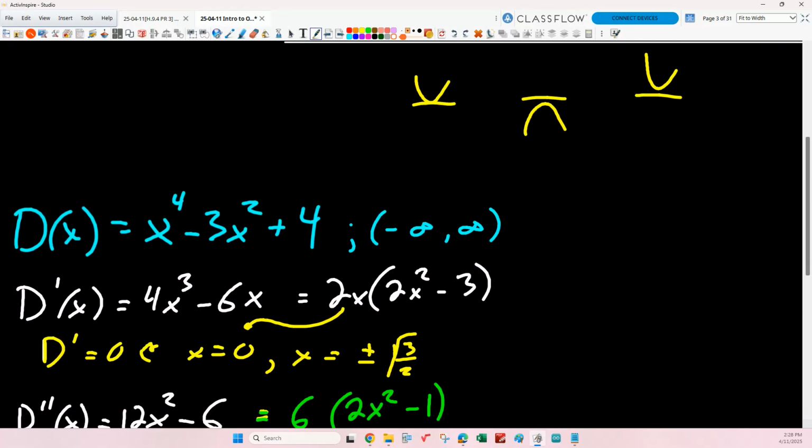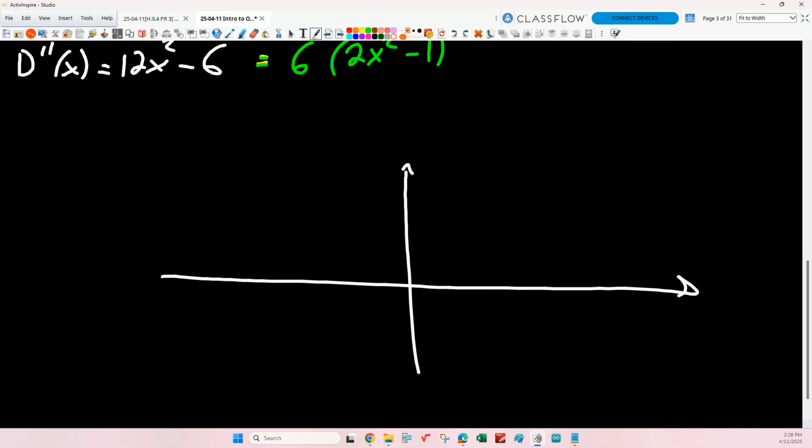Well, those would be places where our function's doing something like this. So those are going to be minima for our function, and they're also minima for distance.